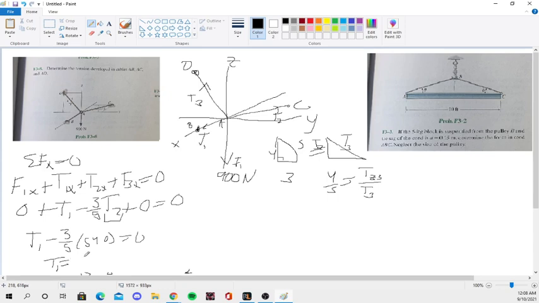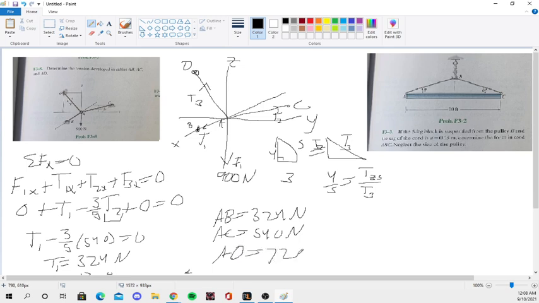T1 ends up equaling 324 newtons. So we found that AB equals 324 newtons, AC equals 540 newtons, and AD equals 720 newtons. So that's all for the first one.